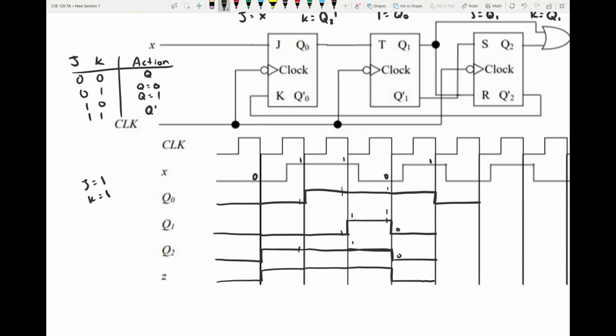So for Q1 then, we're still evaluating it right before that clock cycle. Q1 is going to toggle another time, putting it at a 1.